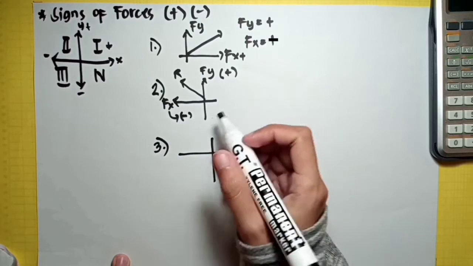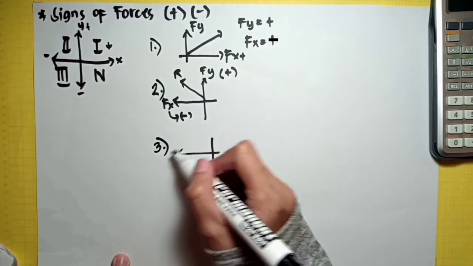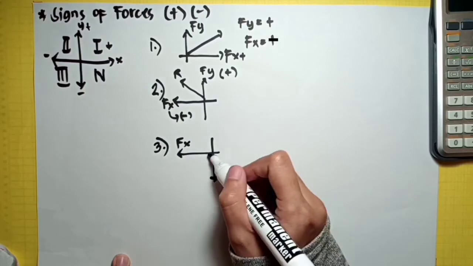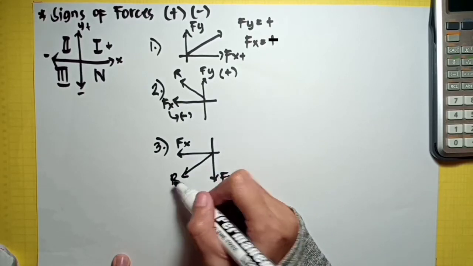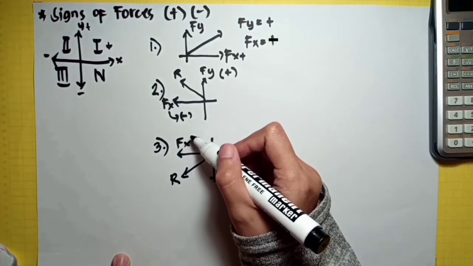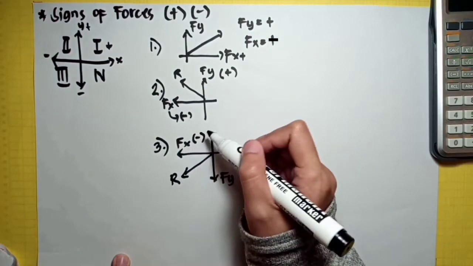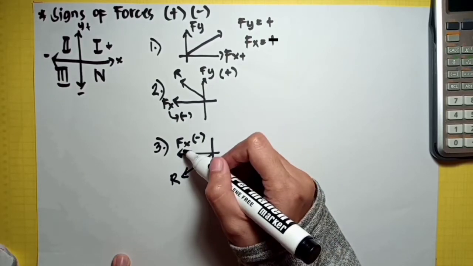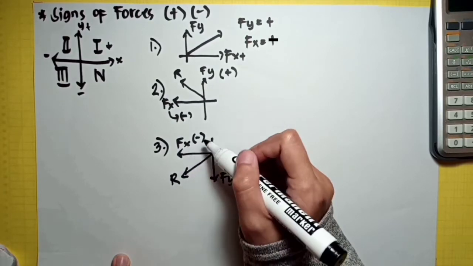Paano naman kapag nasa third quadrant ang forces? So, I'll show this diagram. Ito ang f sub x, ito naman ang f sub y, at meron siyang resultant, which is r. Ngayon, ang f sub x ay negative pa rin kasi nasa left side siya. So, ano man ang value ng f sub x, may negative sign siya. Kung 5 man ang f sub x, magiging negative 5 siya.